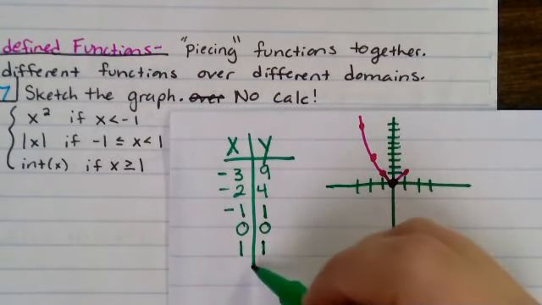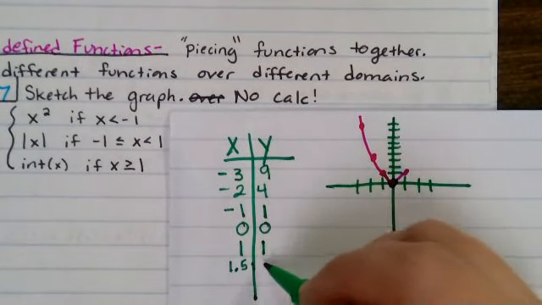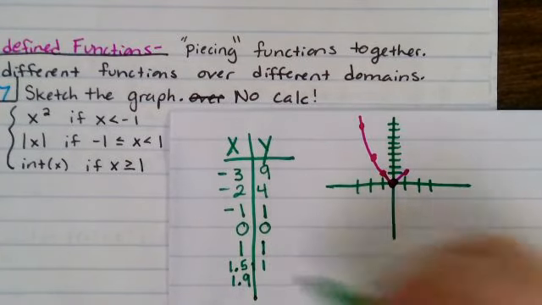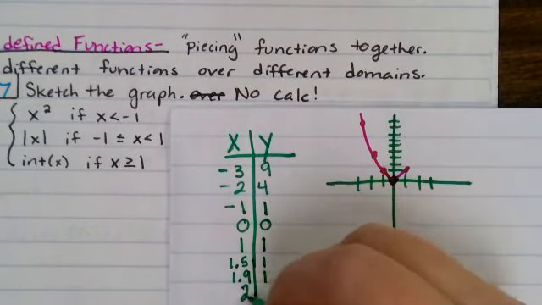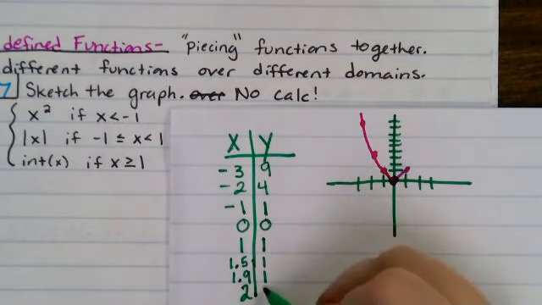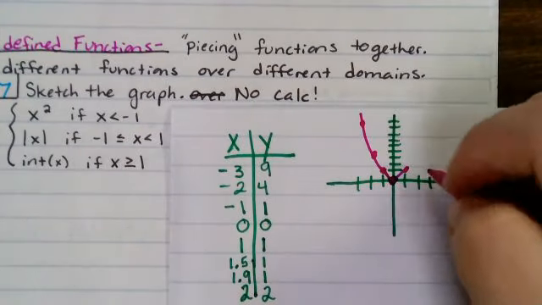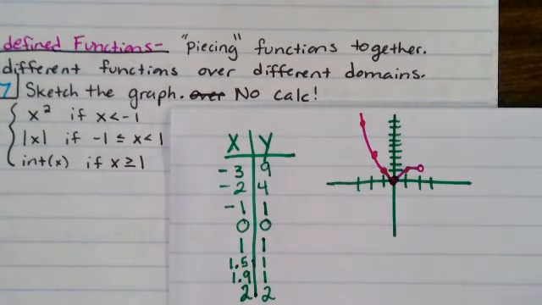If I plugged in for that integer function a 1.5, my output is still going to be a 1. If I plug in a 1.9, my output is still a 1. It does not get to be a 2 until I plug in a 2, and when I plug in a 2, my output will be a 2. So your output is always going to be an integer for an integer function, and that's what gives us that step type of behavior.